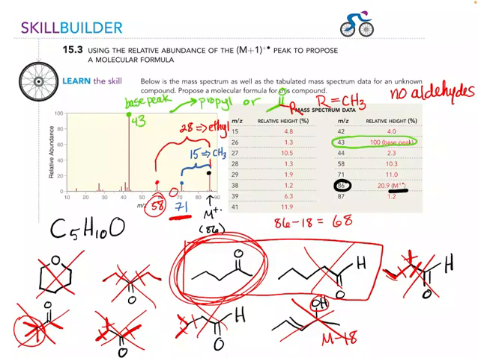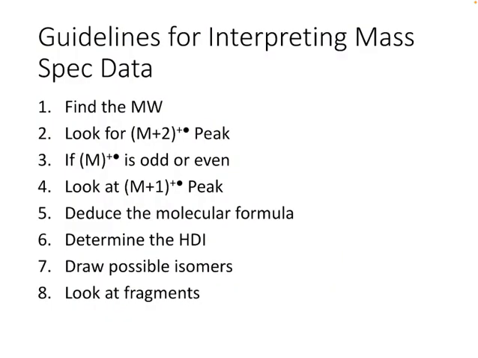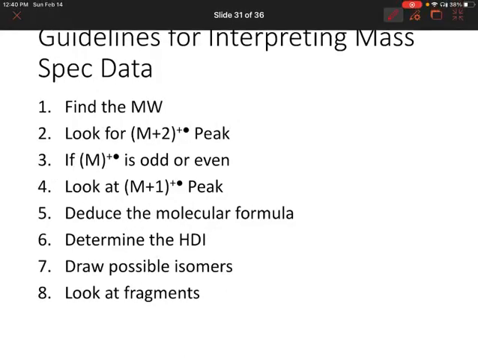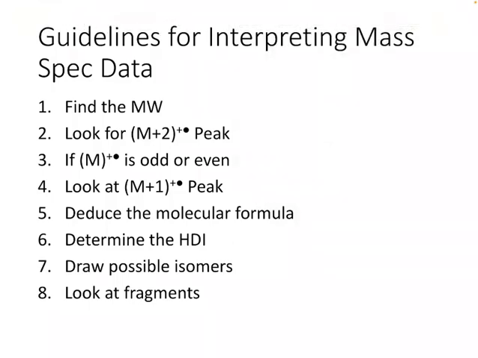Now let's summarize everything we talked about, all of the different tools that we have. These are our guidelines for interpreting mass spec data. First step, find the molecular weight. Remember, you can find the molecular weight using the parent peak.